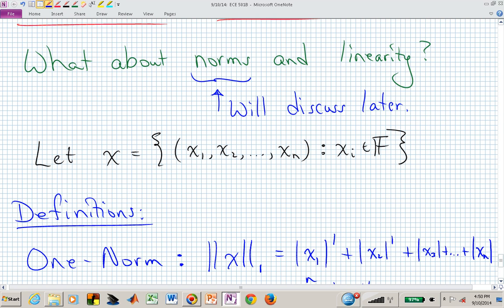In the 1 norm, you take the first coordinate, take its absolute value, you take the second coordinate, and this is general in terms of whatever you've specialized your dimension to be, or how many coordinates you have.